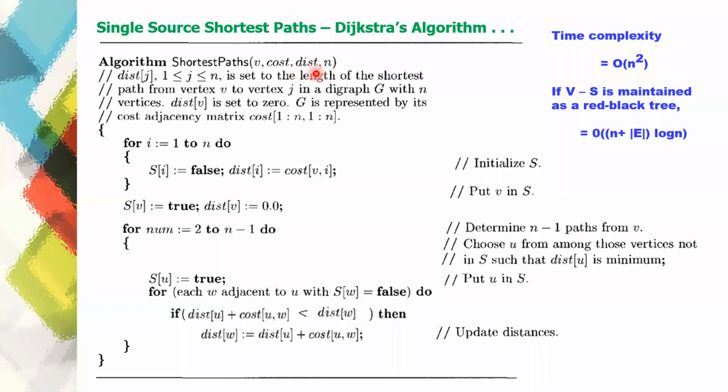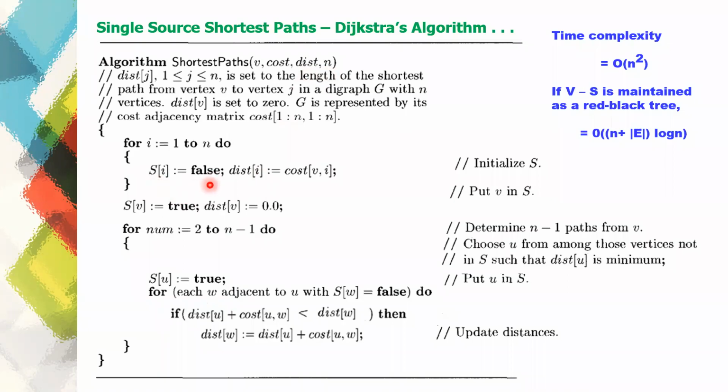Distance is the array that you have to fill up with the shortest distances. So the input will be V, the source vertex, all the weights of the edges and the number of vertices. That will be the input to Dijkstra's algorithm. The output of the algorithm will be the distance vector that you have to formulate.